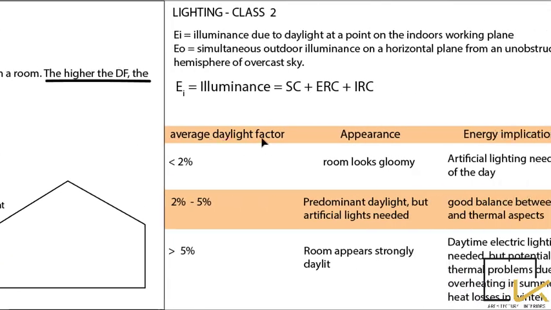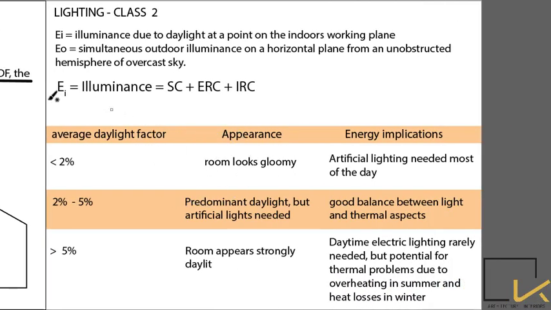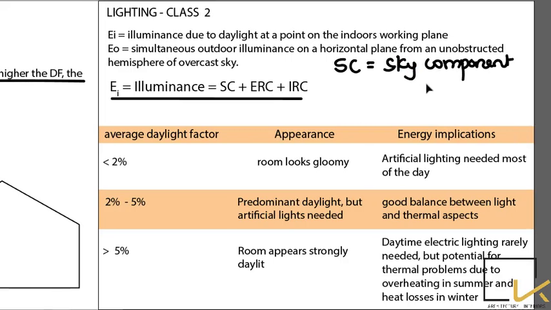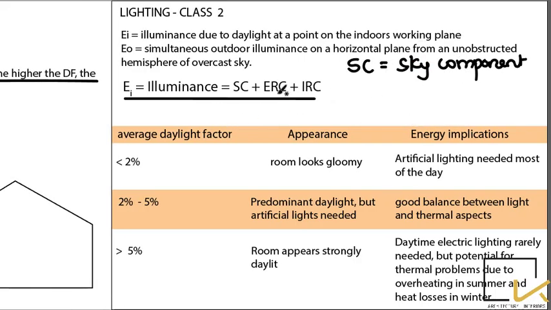So the illumination inside, EI, is a combination of SC, the sky component, ERC, the externally reflected component, reflected from clouds or other atmospheric agents, and IRC, the internally reflected component.